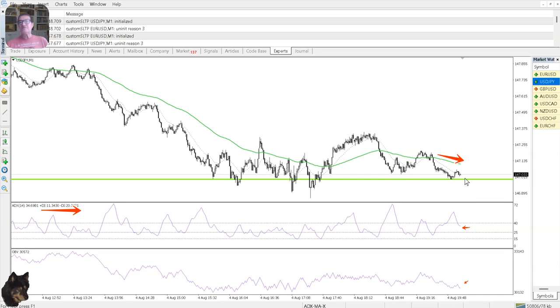So the chances that this will actually hit support and then go back up are pretty good. So at this point in time, I'd rather wait, and let's see what price will tell me. I can always come back and check this again.